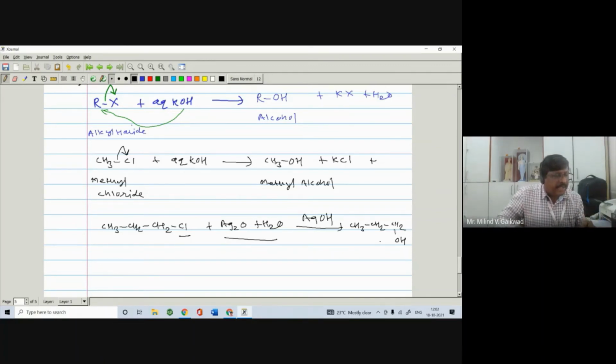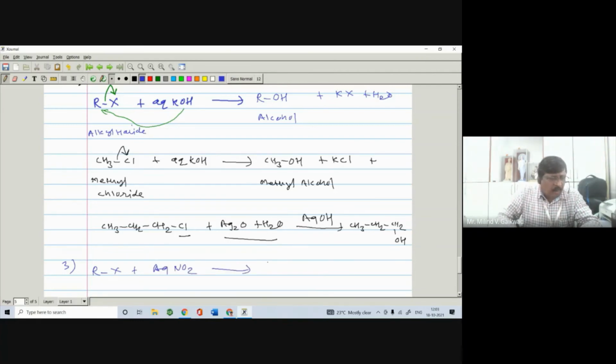Then the next is the reaction of alkyl halide giving alkyl nitrite and nitroalkane. This is reaction number 3. Suppose you treat the alkyl halide with silver nitrite, AgNO2.